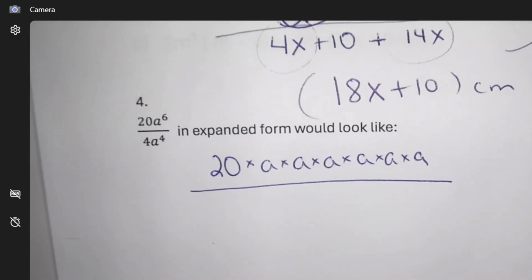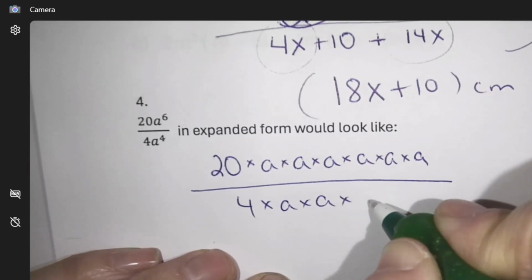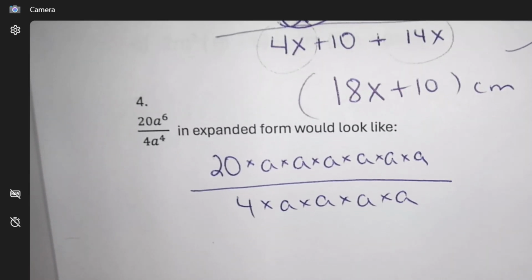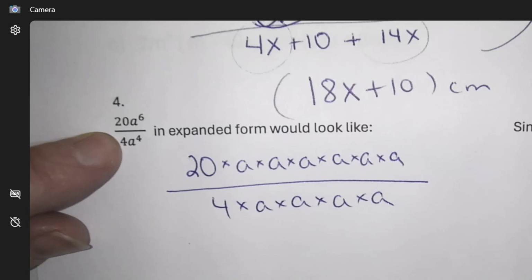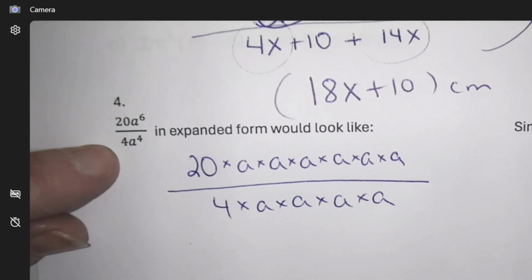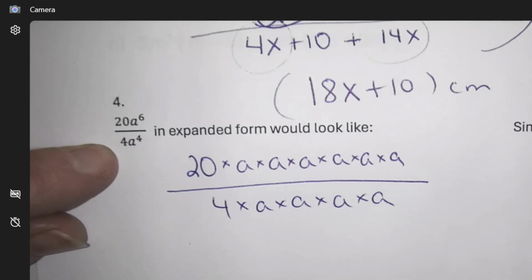Can you do the same with the bottom? What's the actual math of this bottom? 4A. Okay. So what is the quotient? Going back to the numbers here, what's the 20 divided by 4 number? 5.